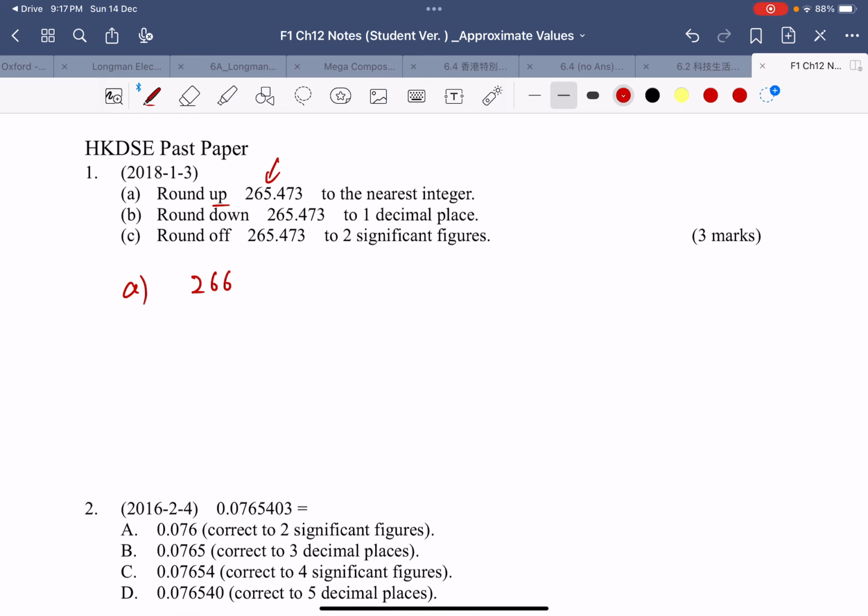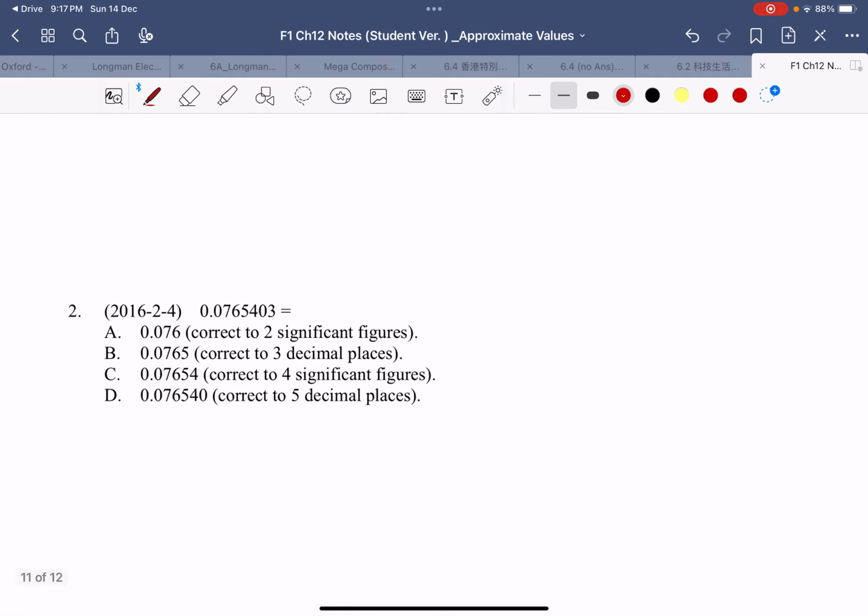That's it, nothing difficult here. 1 decimal place is here, round down, so leave all the numbers behind. That's it. And part C, round off, 2 significant figures, round off to 270. That's it. Very quickly you get the answers.